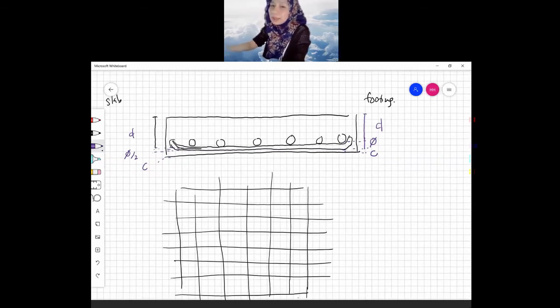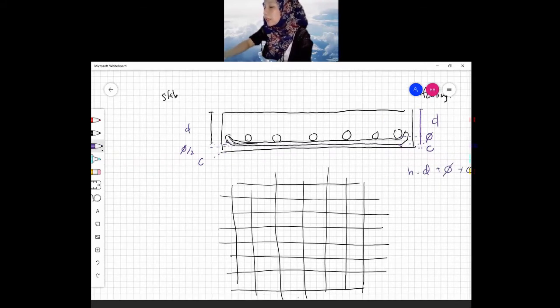Yang slab ada secondary reinforcement. Yang bawah ni adalah main reinforcement kan for slab. Atas ni secondary reinforcement. Tapi for footing dua-dua adalah main reinforcement. Okay, jadi that's why formula dia kalau you kira H sama dengan D plus bar. Okay, kalau yang slab H equal to D plus half bar.